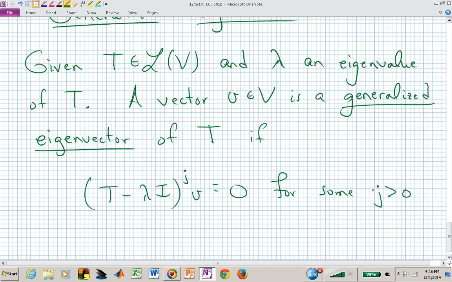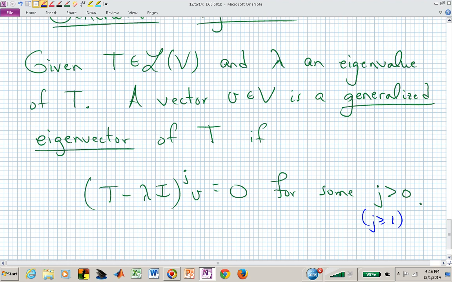positive j. So that is a strict inequality. Maybe it's cleaner, and I kind of like to think of it this way: j is greater than or equal to 1. So j is 1 or more.